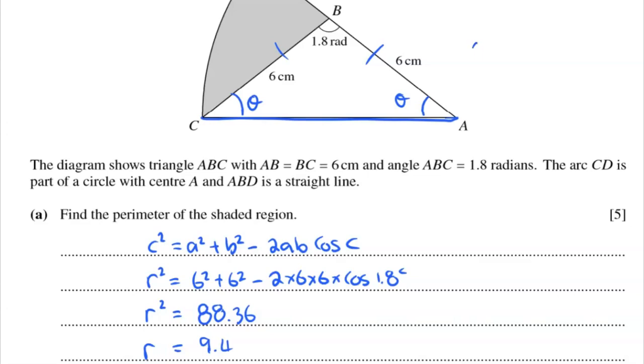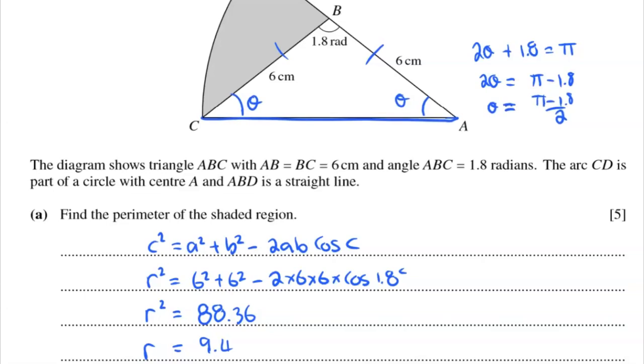So we can work out theta. 2 theta plus 1.8 is equal to pi. 2 theta is pi minus 1.8, and theta is pi minus 1.8 divided by 2. So that's the angle at the center.